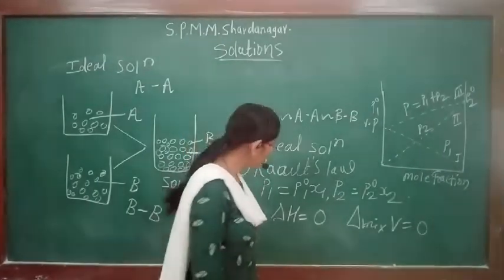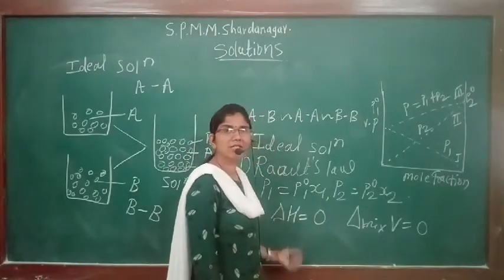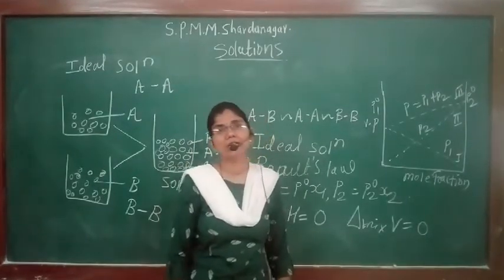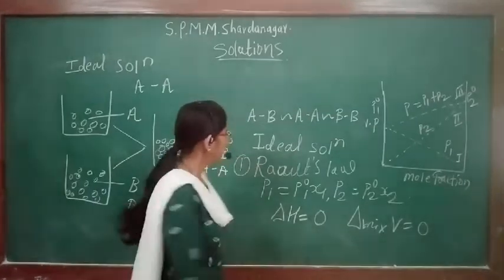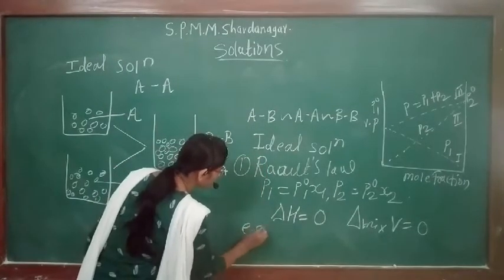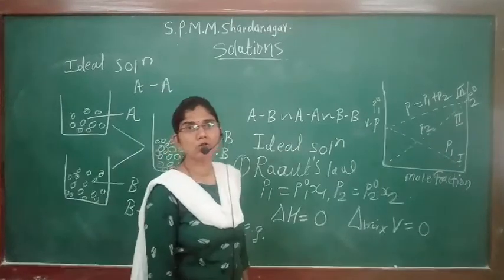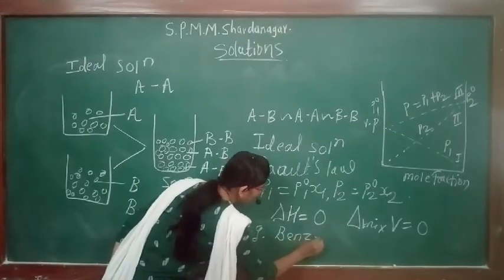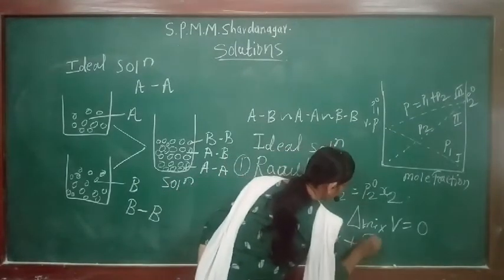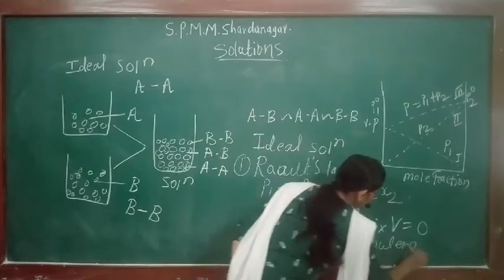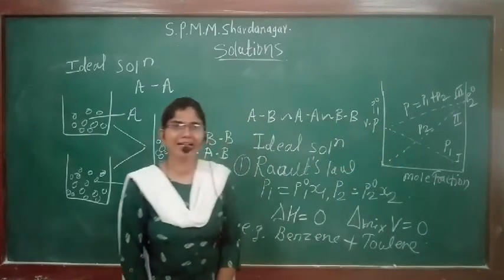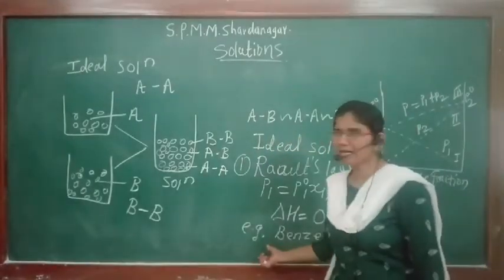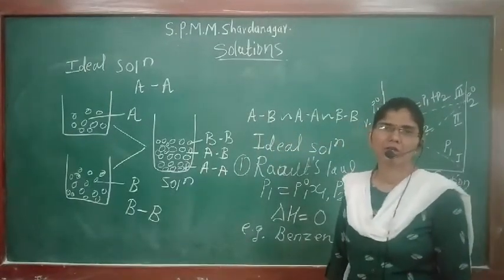Therefore, the change in enthalpy is 0 and the change in volume is also 0. Examples of ideal solutions are solutions of benzene and toluene.